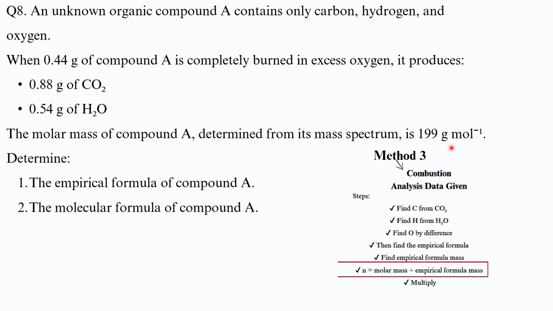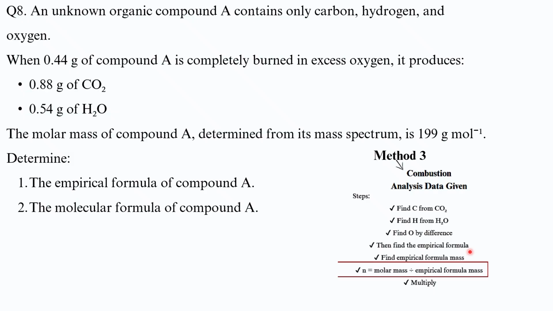I will follow method 3 in order to solve this question, where firstly I will determine the mass of carbon from carbon dioxide and the mass of hydrogen from water. After that, I will take the difference: this is the mass of the total molecule, so if I subtract the mass of carbon and hydrogen, I will be left with the mass of oxygen. After determining their masses, I will determine their number of moles, and from their moles I will find their simple ratio, which is my empirical formula.